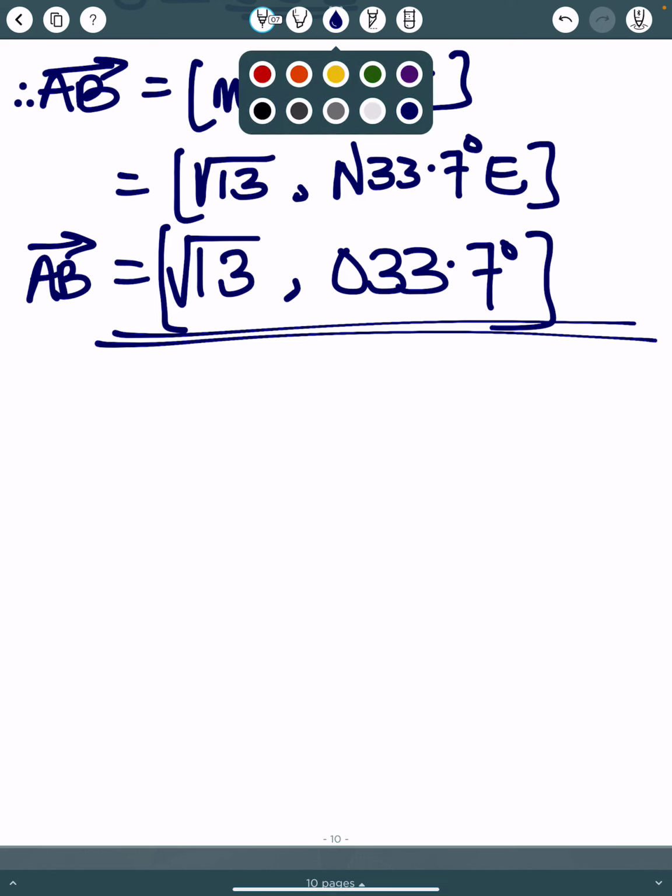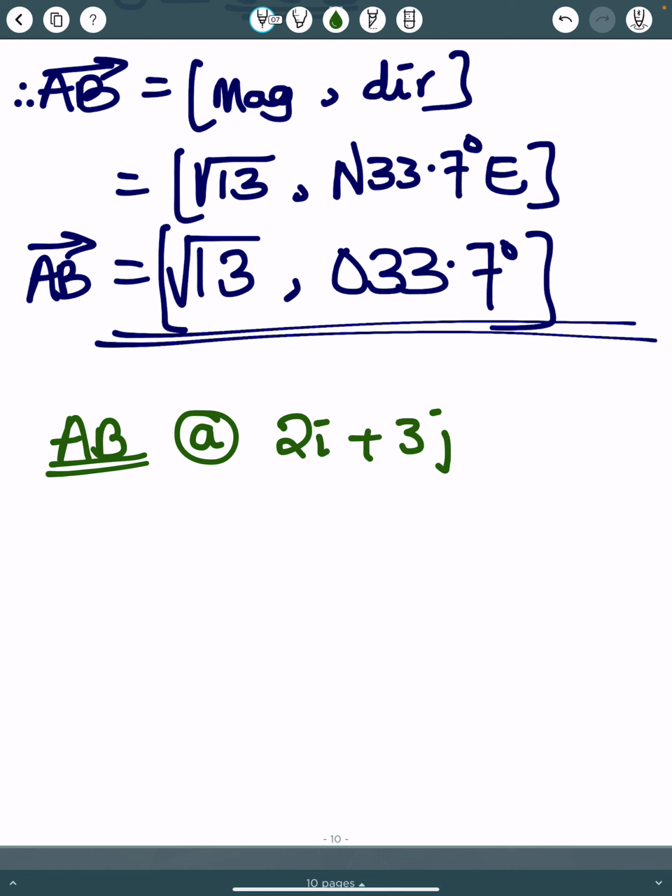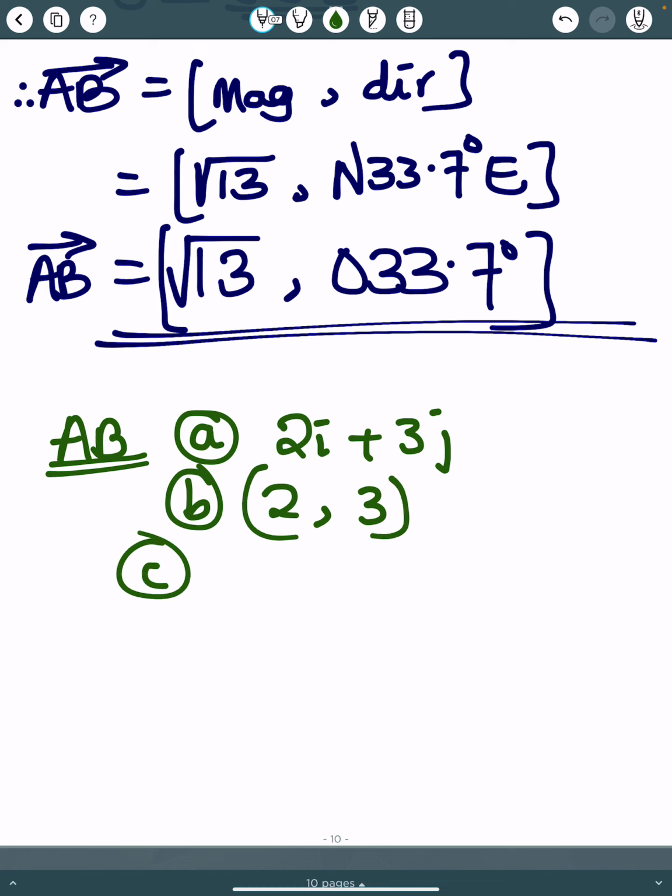So you notice something here. AB in the 4 different ways is, Roman number 1, or let's call it A, 2i plus 3j. That's in what? Sorry, that's in coordinate form. 2, 3, that's in what? Row form. Third one is in column form, 2, 3, that's in column form.